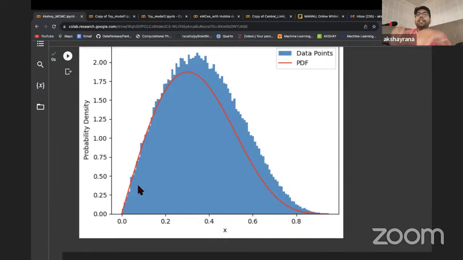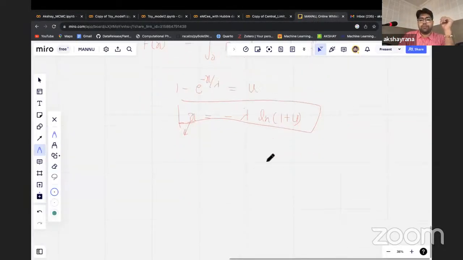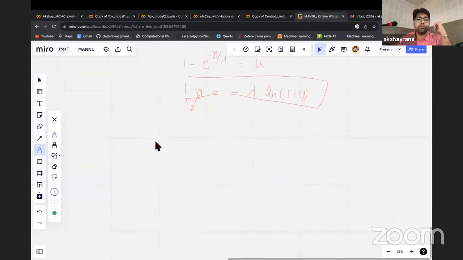What is the Gaussian distribution? 1 by root 2 pi sigma, e to the power minus (x minus mu) whole squared by 2 sigma squared. Now, to calculate the cumulative distribution, because the range goes from minus infinity to plus infinity, we integrate from minus infinity to x, p(x) dx.